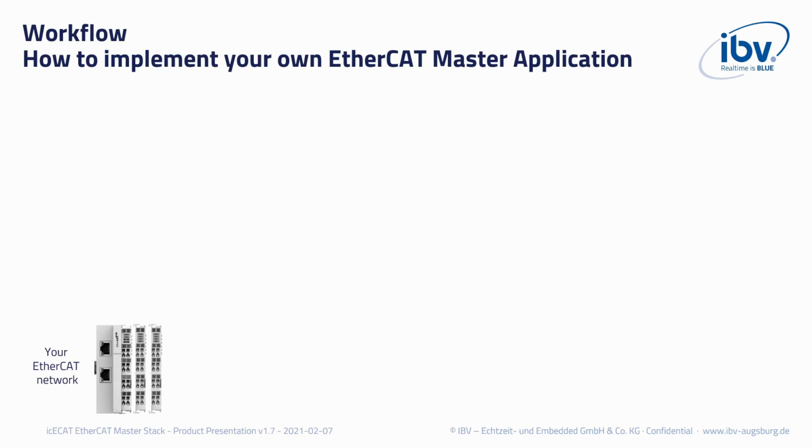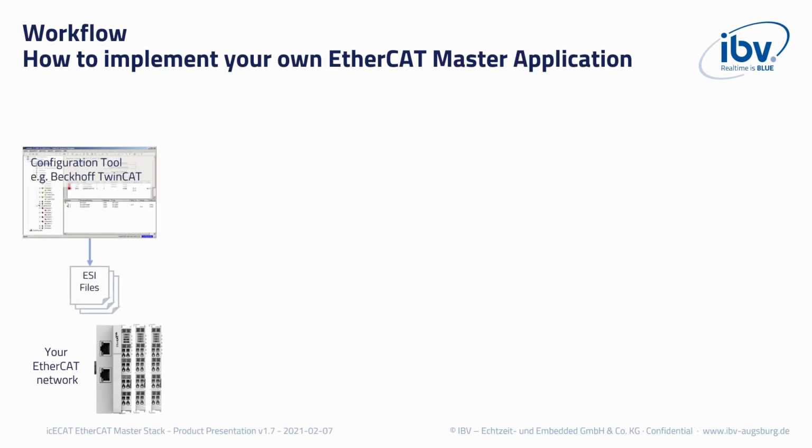So first of all, you have your own EtherCAT network. Then you need a tool like the configuration tool from Beckhoff. It is called TwinCAT. And with this tool, you can configure or scan your network. And then you get all the information about all the slaves you have in your network.